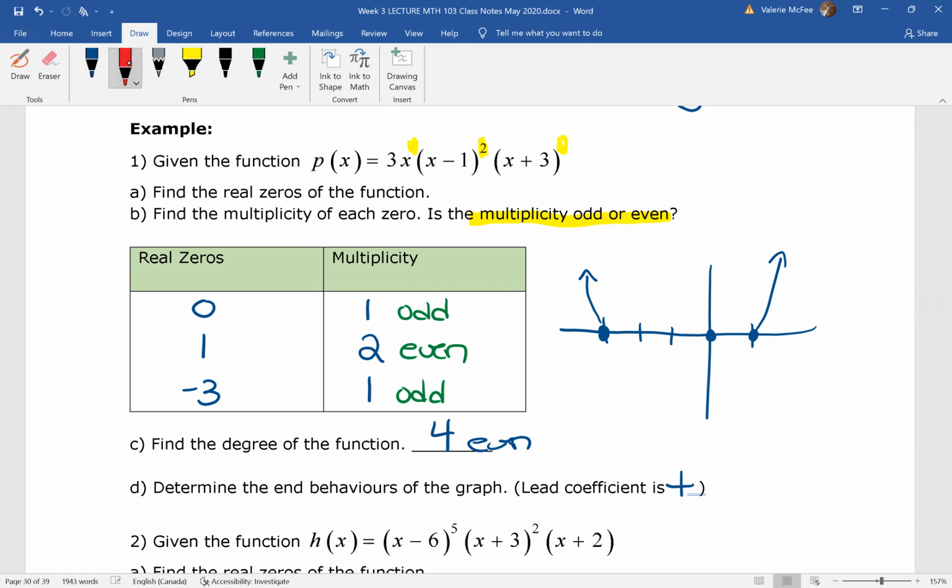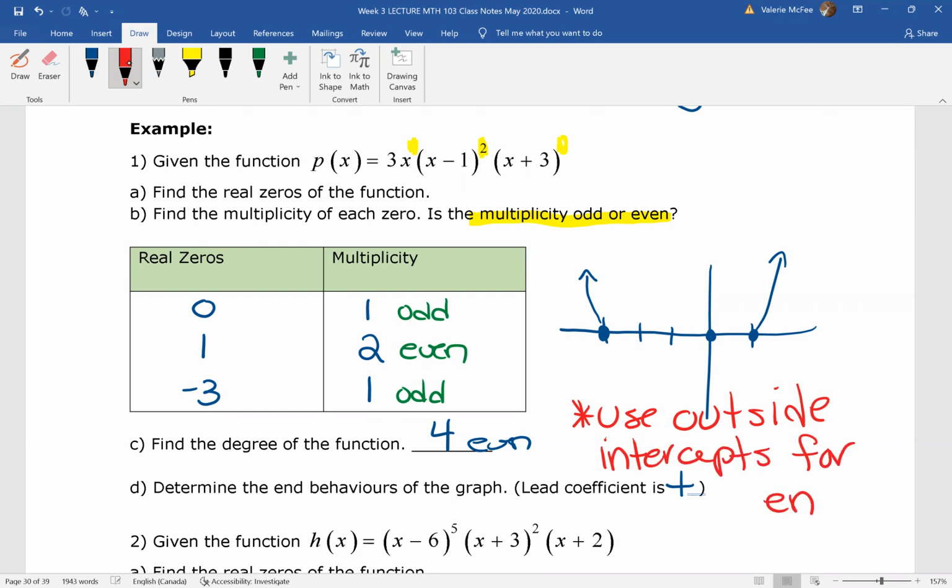Notice that I'm using the outside intercepts for the ends. I'm not using this one in the middle. I'm using the outside. And both sides are falling. I mean rising. Rising on the left, rising on the right.